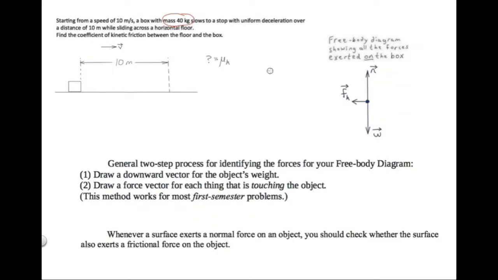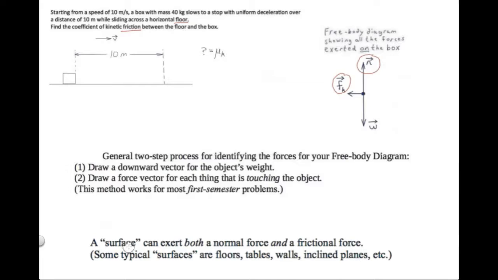The problem mentions the mass of the box, which is a clue that we should focus our free body diagram on the box. We draw the vector for the box's weight, and then we ask, what is touching the box? Well, the box is being touched by the floor. The floor is a type of surface which will exert both a normal force and a frictional force on the box.